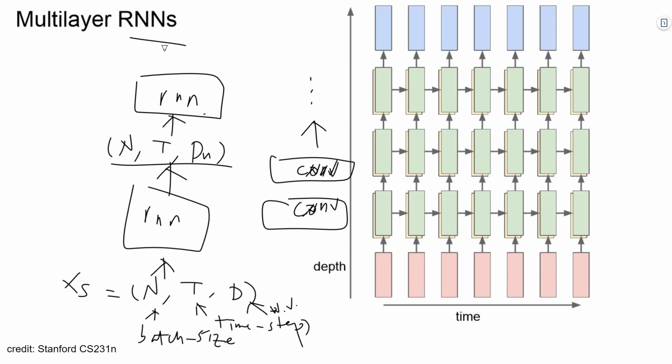Therefore, we can stack multiple RNNs like this. So that's what multi-layer RNN is about. And as we stack more and more convolution layers, the representation power improves. And the same thing happens to multi-layer RNNs. We stack more RNNs, we get more representation power.